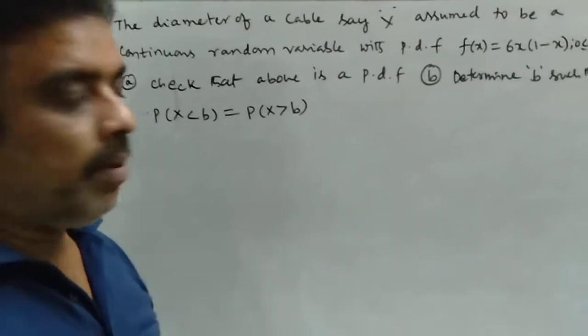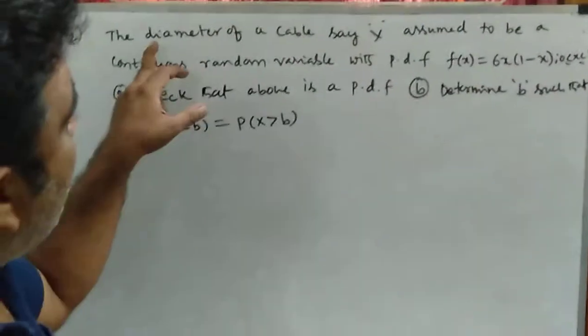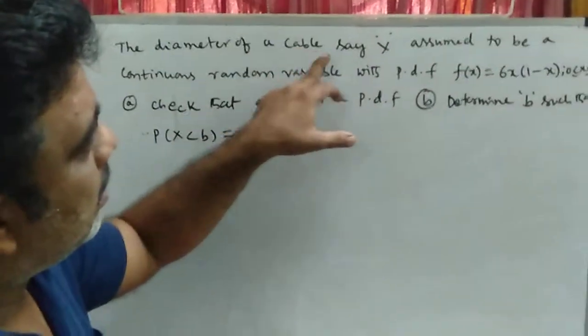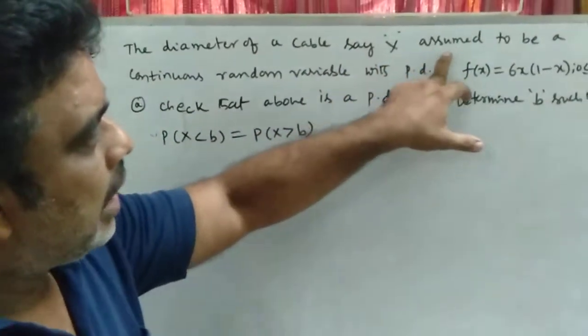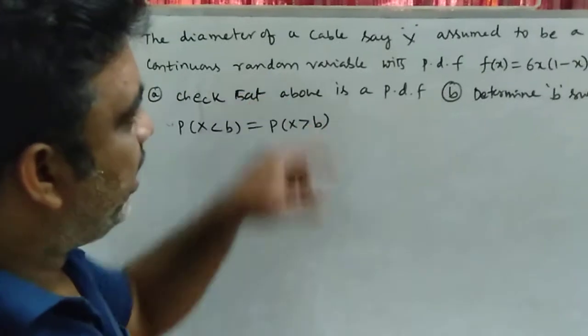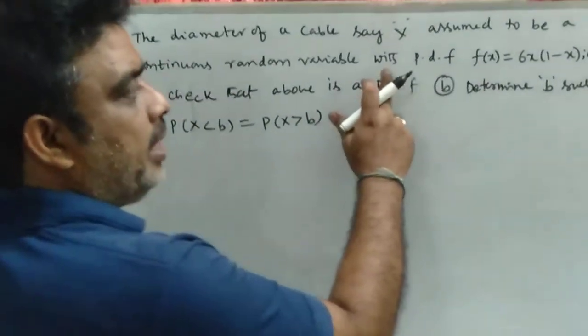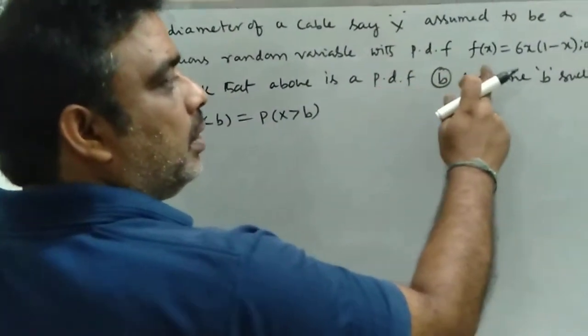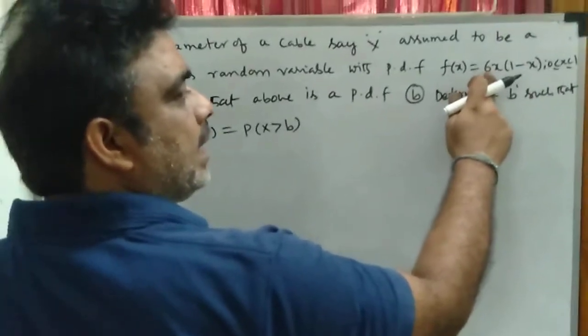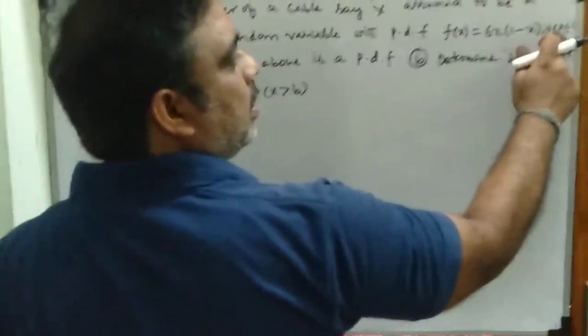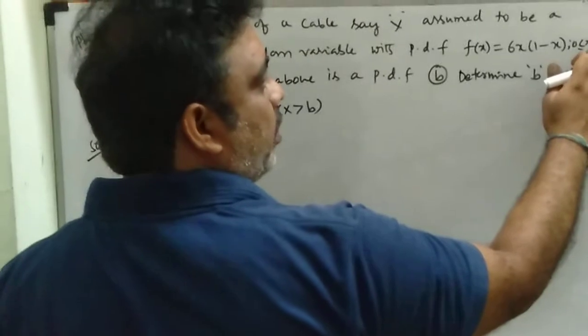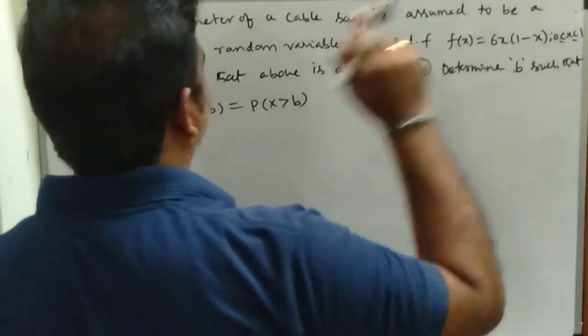Now see another problem. The diameter of a cable, say capital X, assume it to be a continuous random variable with a probability density function f of x is equal to 6x into 1 minus x, where 0 less than or equal to x less than or equal to 1.